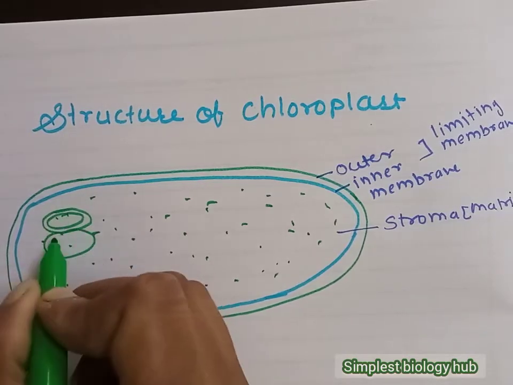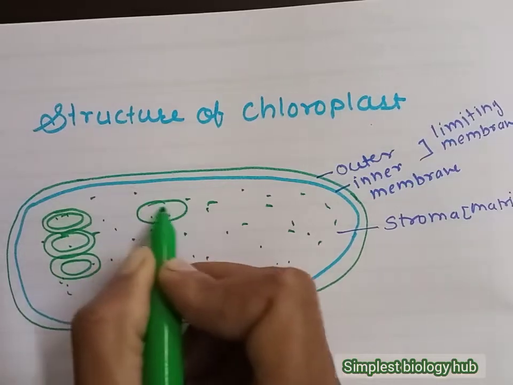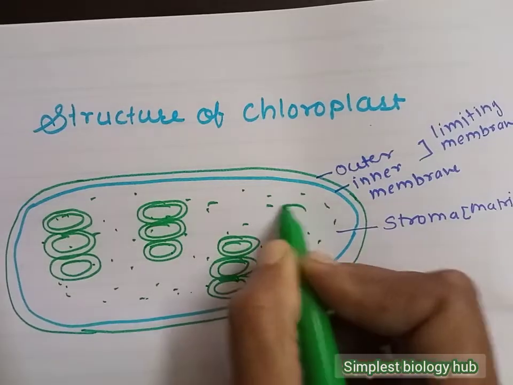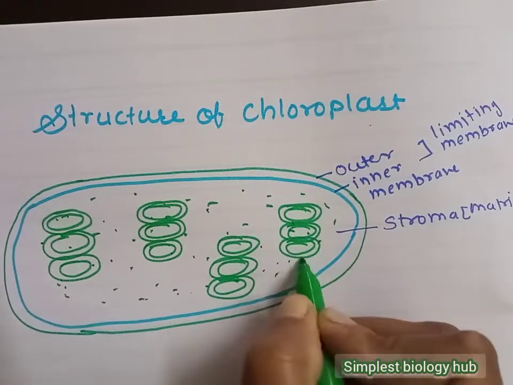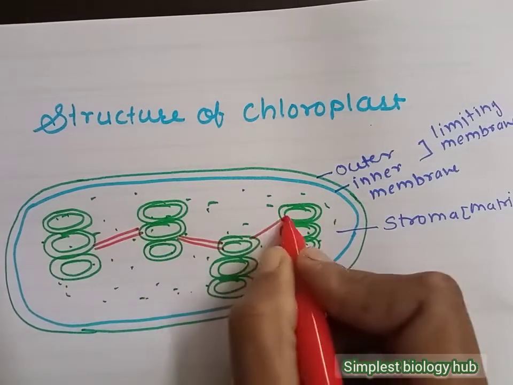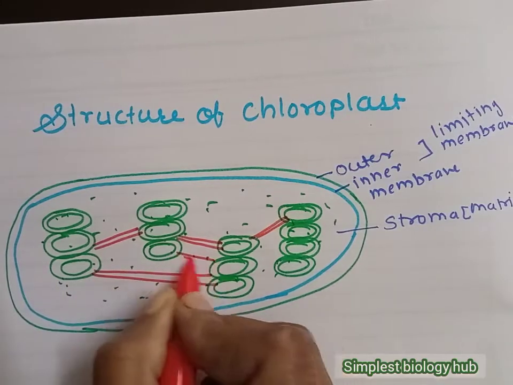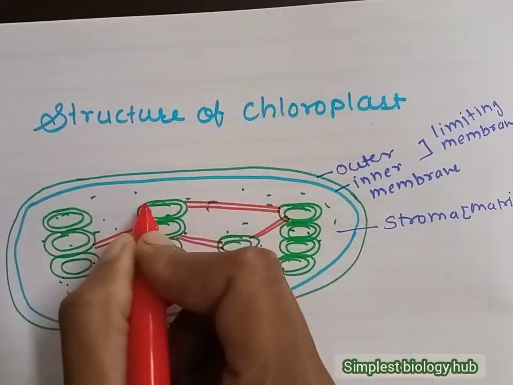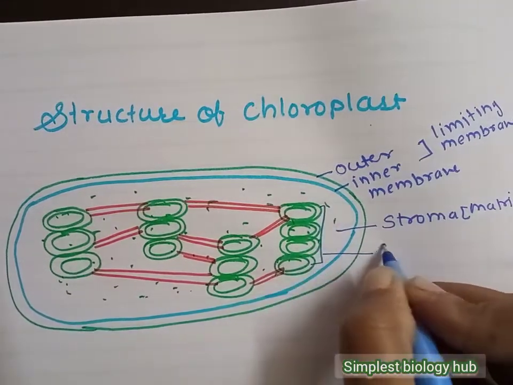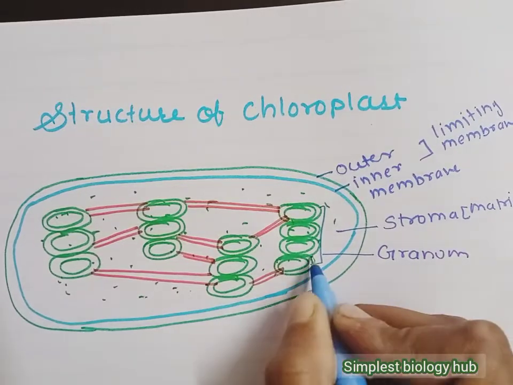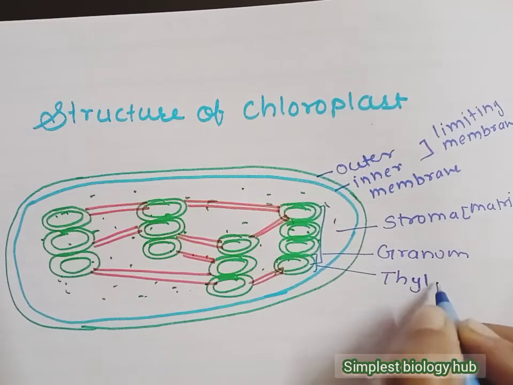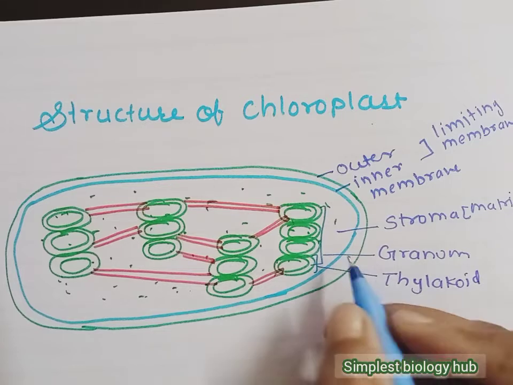Then a stack-like structure is present, arranged on one another in a bundle form all over the matrix region, and these stacks are combined with each other by a thread-like pattern. The whole stack pattern we call granum, and a single part we call the thylakoid body or thylakoid membrane.